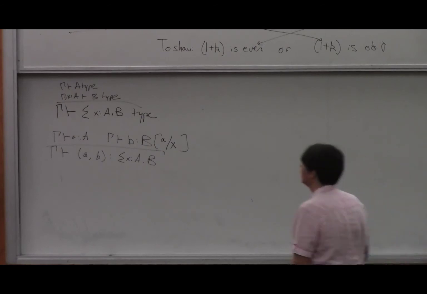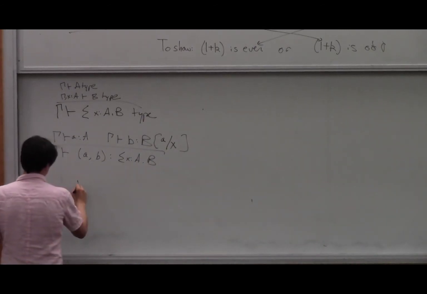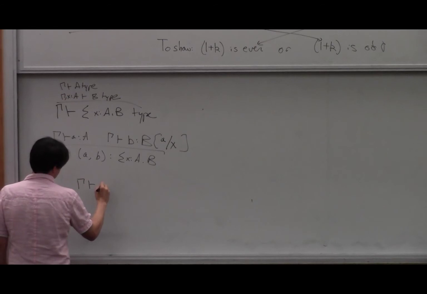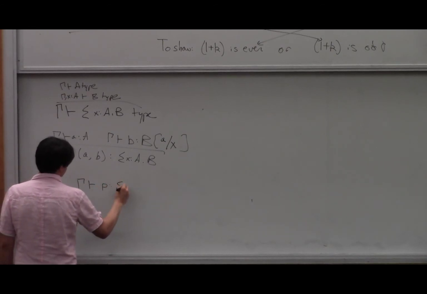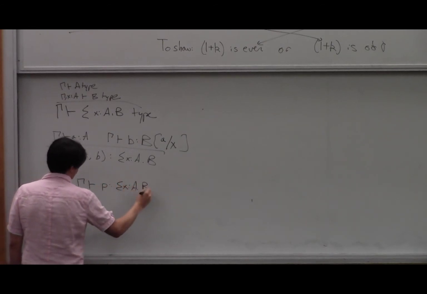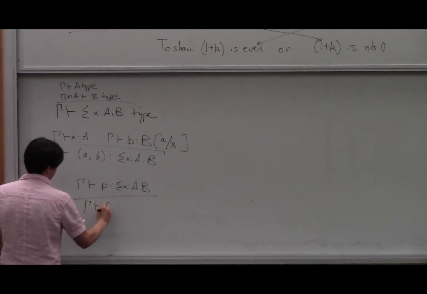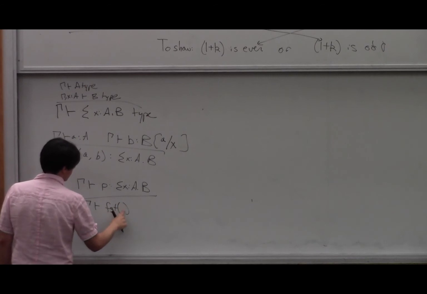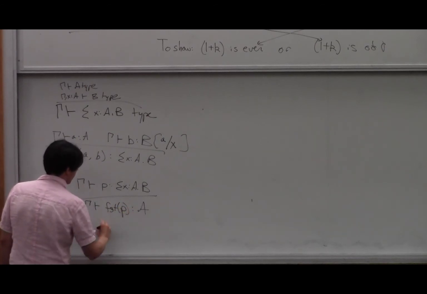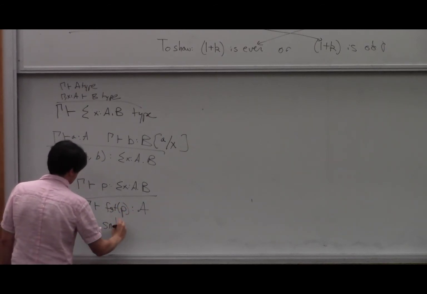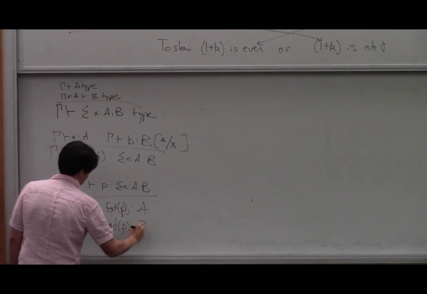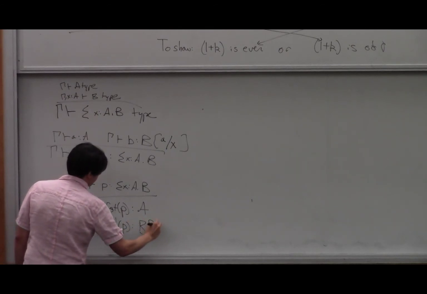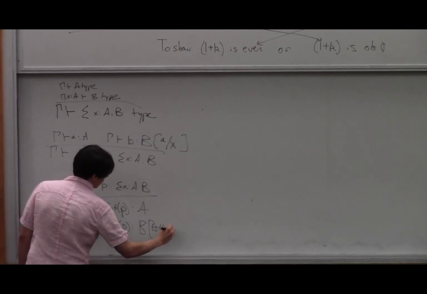And then, unlike existential types, if we have a pair p of type sigma x colon a dot b, then what we get out of it is the first projection of p, which is an a, and the second projection of p, which is a b for the first projection of p.